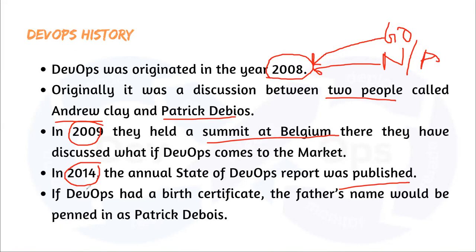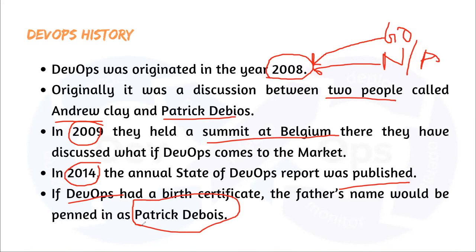Like if we talk about the father of the computer, who can we say? Charles Babbage. Father of C? Dennis Ritchie. And the father of DevOps is Patrick Debois. He sacrificed a lot of things to take DevOps into the market.